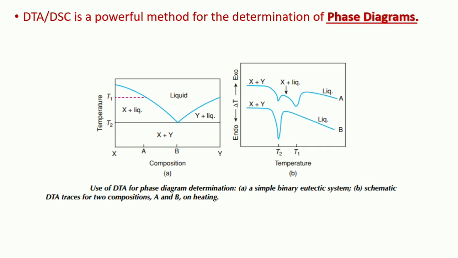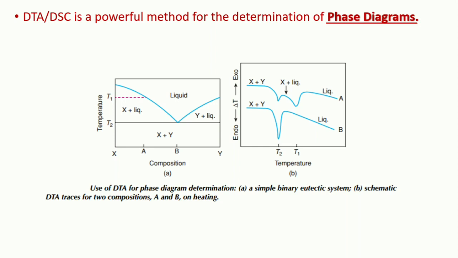However, this is superposed on a much broader endotherm which terminates approximately at temperature T1 and which is due to the continued melting that occurs over the temperature range T2 to T1. For this composition, an estimate of both solidus T2 and liquidus T1 temperatures may therefore be made.